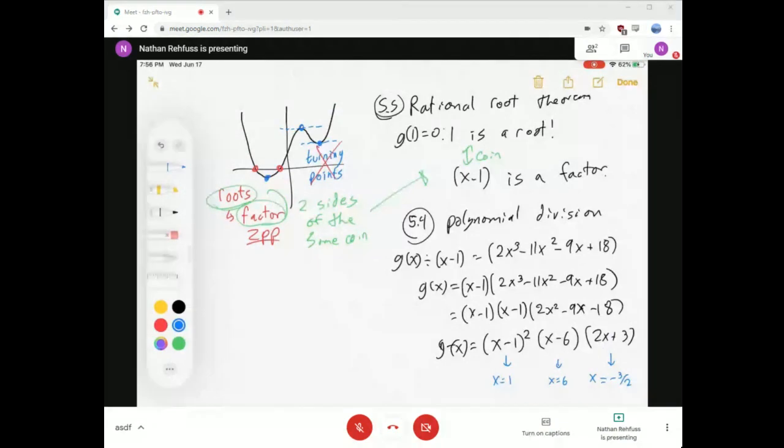So those are the 3 places where this graph will have x-intercepts. And that's why this graph was wrong. I only had 2, but there are 3. Once I know that, probably I can solve whatever story problem I was working on. So again, this chapter is all about different techniques to find these roots. If you want techniques for the turning points, take calculus.